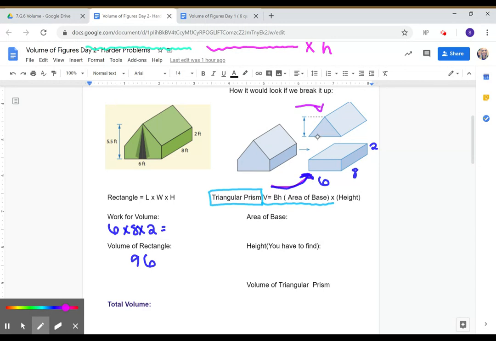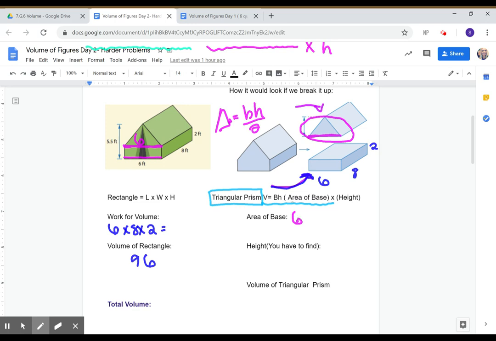To find the area of a triangle, we use base times height divided by 2. If I'm just looking at the triangle part, well, if this is 6, the base of my triangle is also 6. So I know the base is 6.